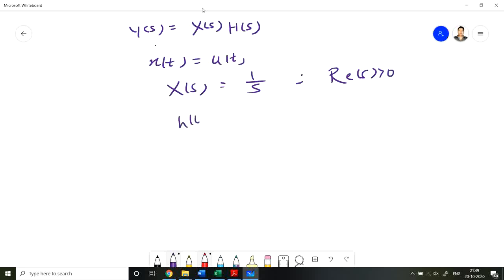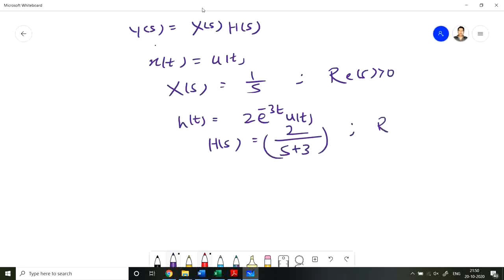Then we have h(t) given as 2 e raised to the power minus 3t into u(t). Then H(s) is 2 divided by s plus 3, and the ROC is real part of s greater than minus 3.